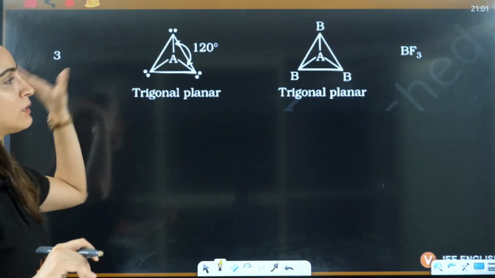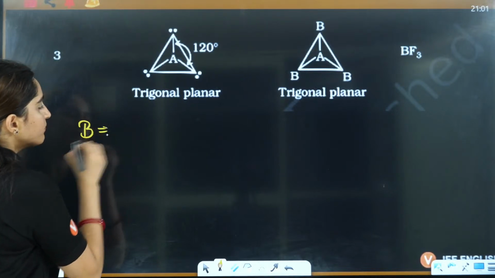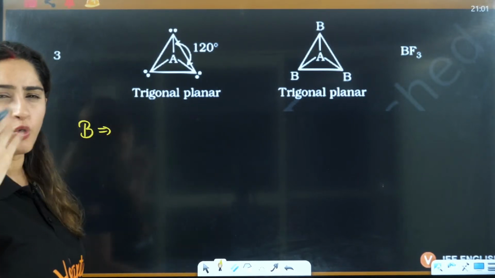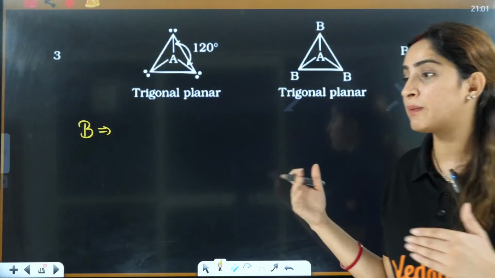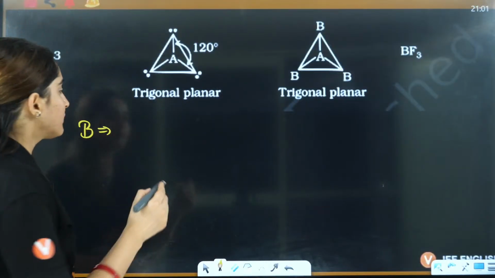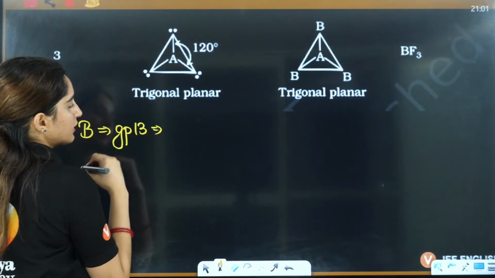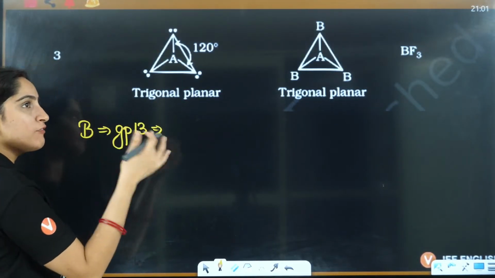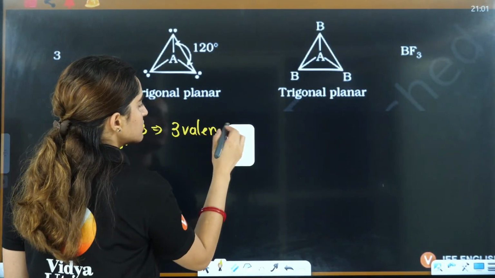Let's talk about BF3. BF3 is boron. Don't write the electronic configuration. Even if you know which group it belongs to, you can answer. Boron belongs to group number 13. It will have 3 valence electrons.